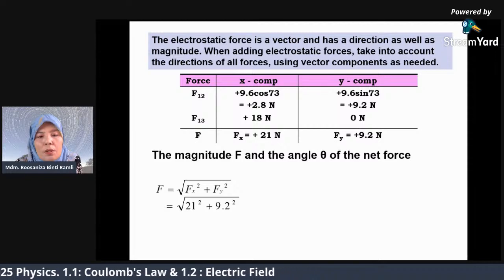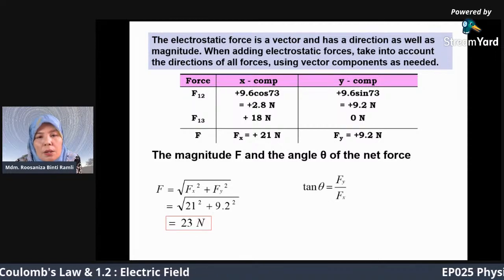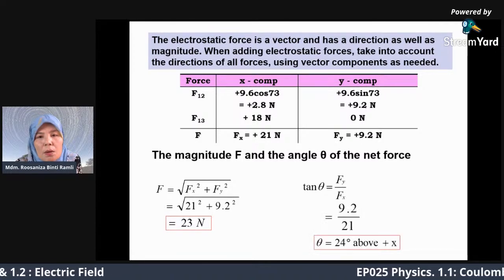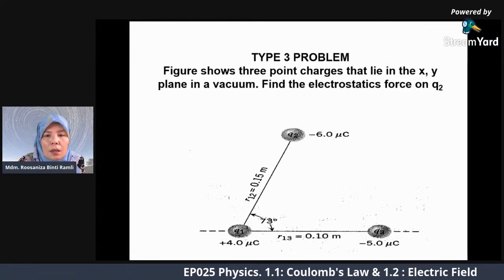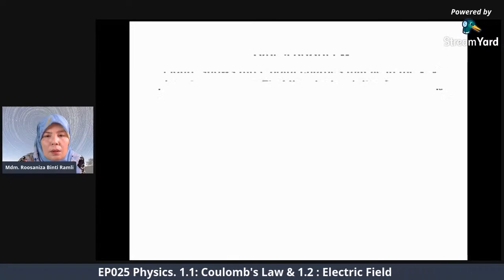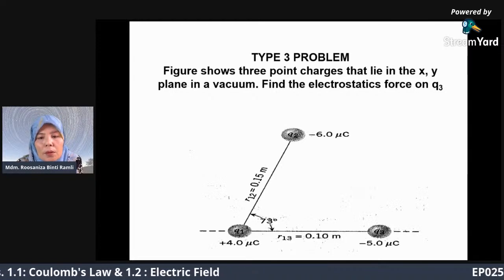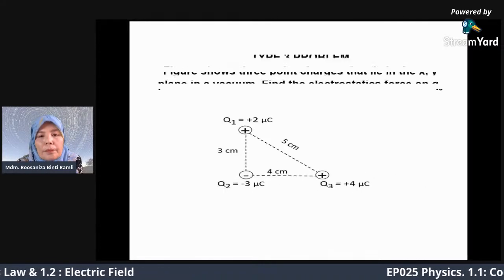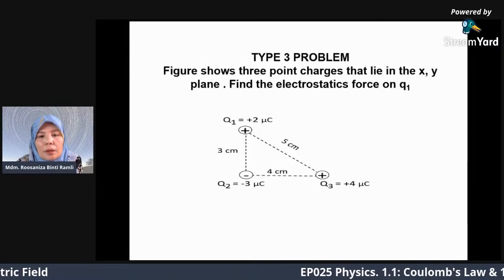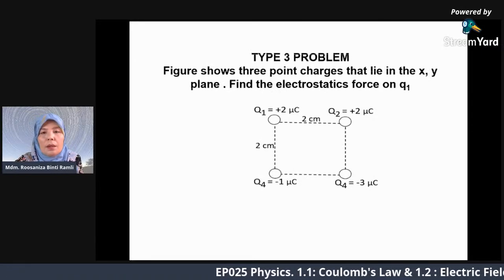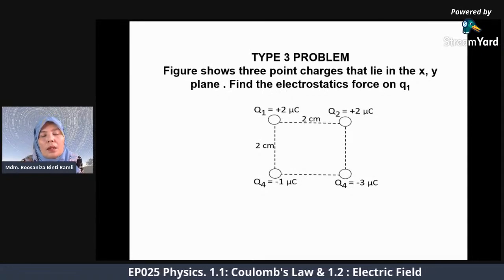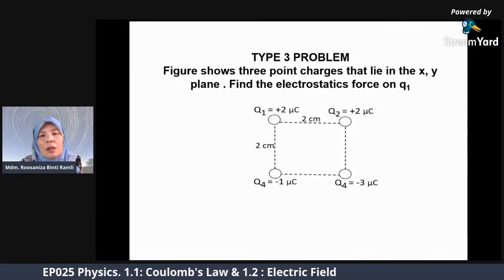If the charge does not lie on the x-axis or y-axis, we have to draw the x component and y component. This is the type 3 problem.